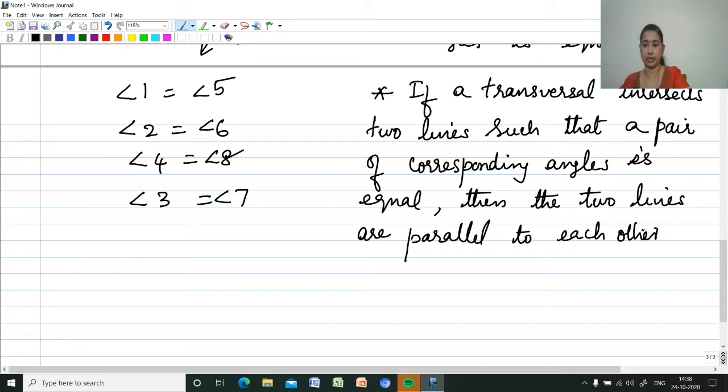So that's the reverse. If the corresponding angles are equal, then those two lines are parallel.